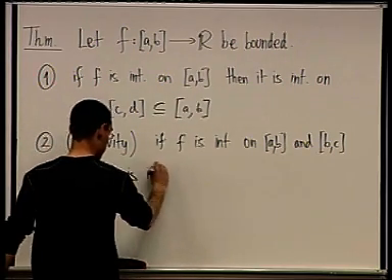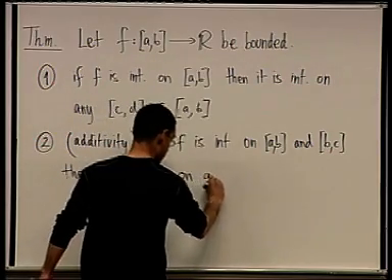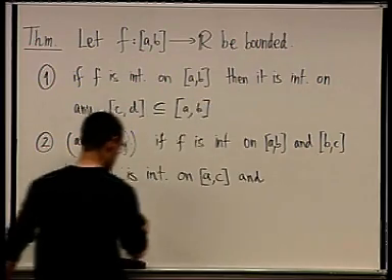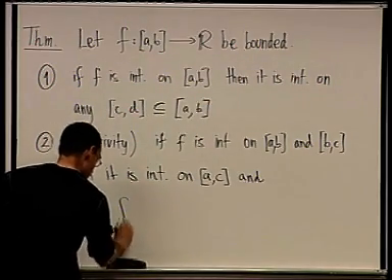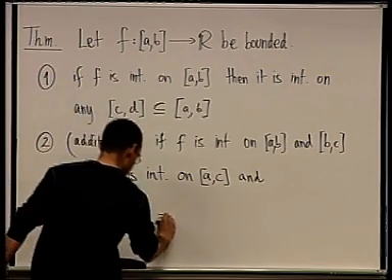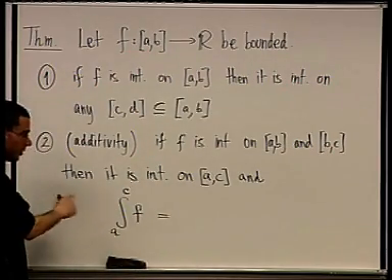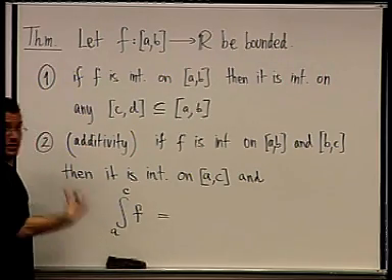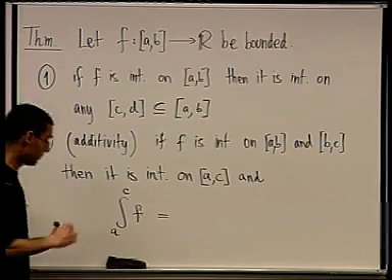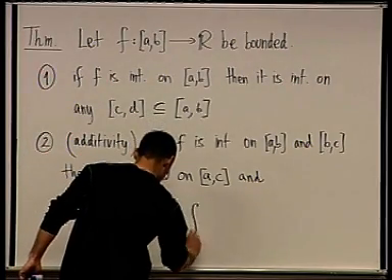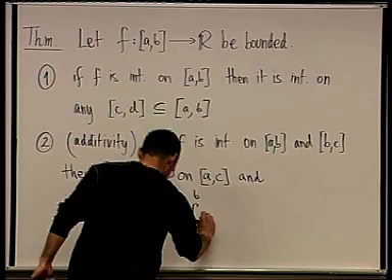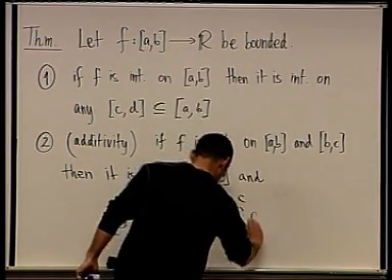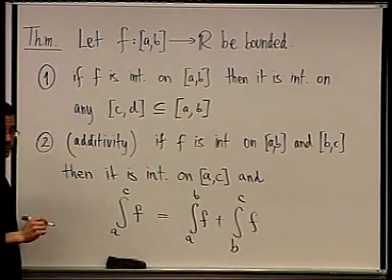It is integrable on [a,c], and moreover, the integral from a to c of f, I'm going to skip writing f of x dx every time just to make the formula more concise and more easy to remember, equals the integral from a to b of f plus the integral from b to c of f. Good?